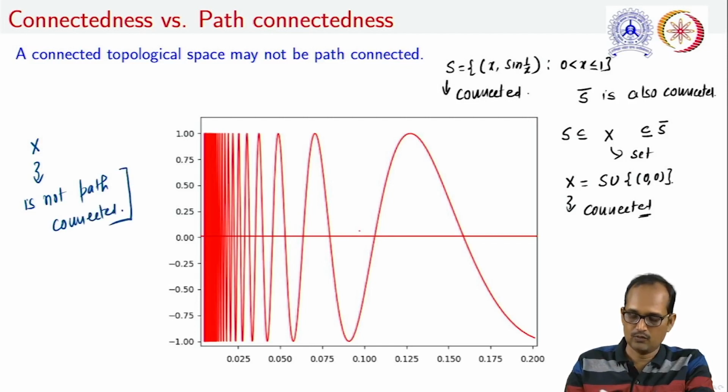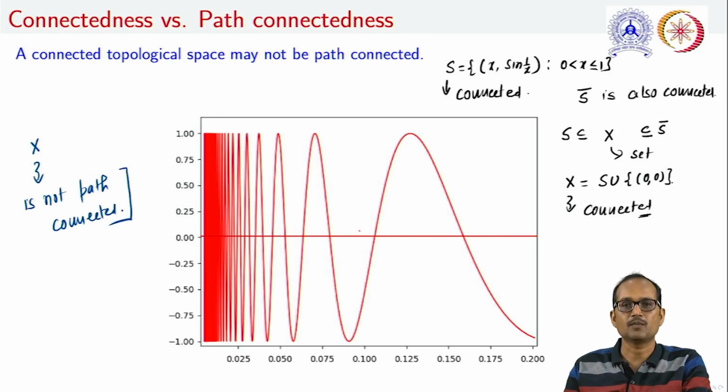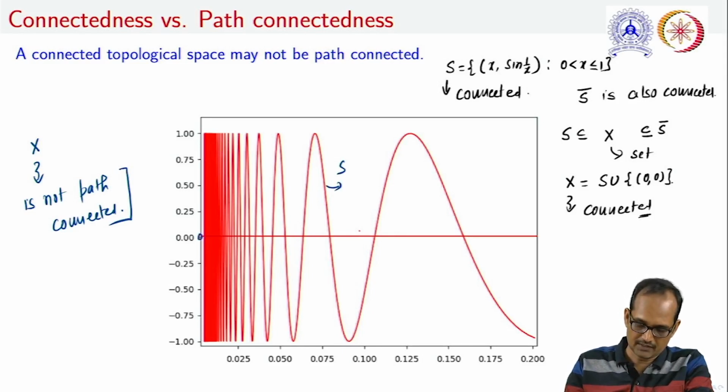In order to justify that this is not path connected, we will show it by contradiction. The set X which we have considered is precisely S, whose graph is here, plus only one element, the origin.